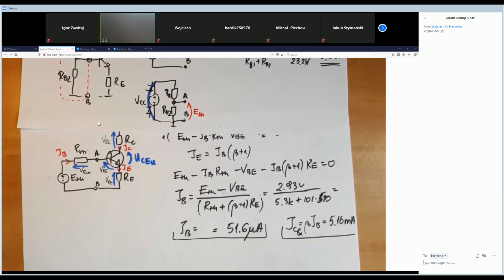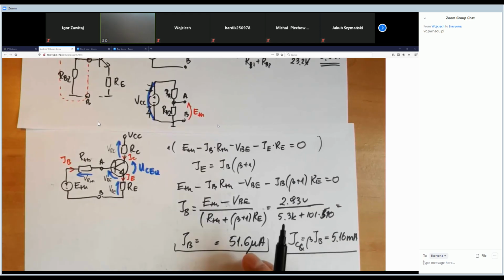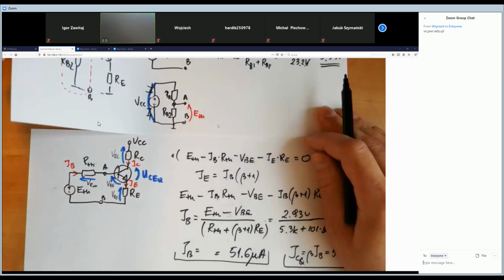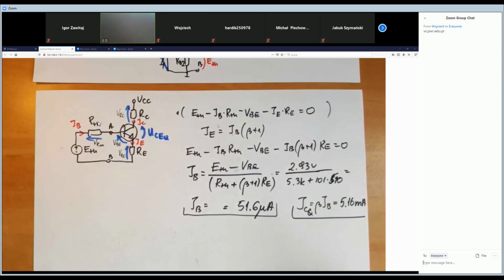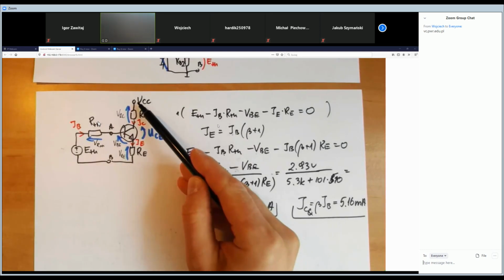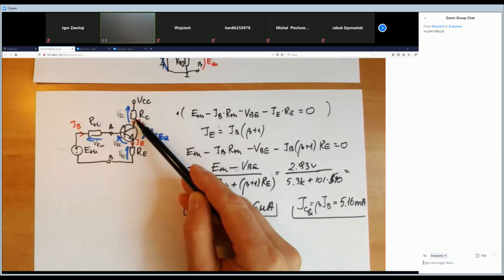Great. And the last thing, according to some equation, we have to find the UCEQ. So as you see, let's choose this very simple branch.